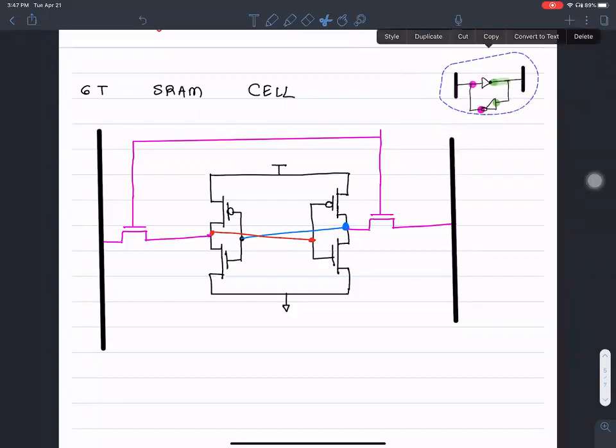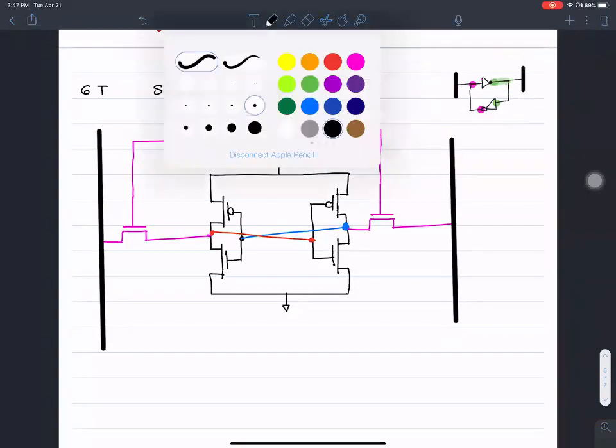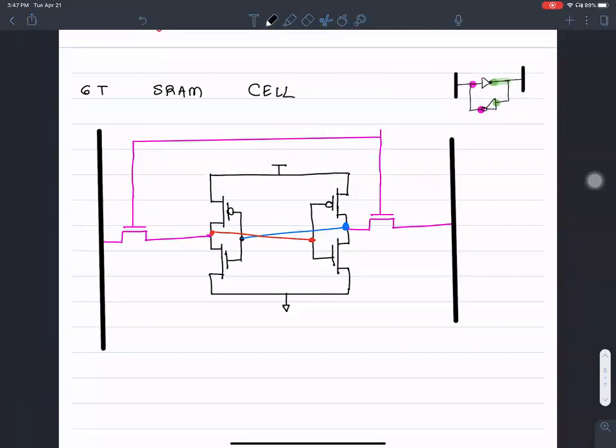That's the cross-coupled inverter. This is called the bit line, and this is called the bit bar line. If the one on the left represents a 1, naturally this represents a 0, and vice versa. So I stored both 1 and 0, 1 bit of information, over here.